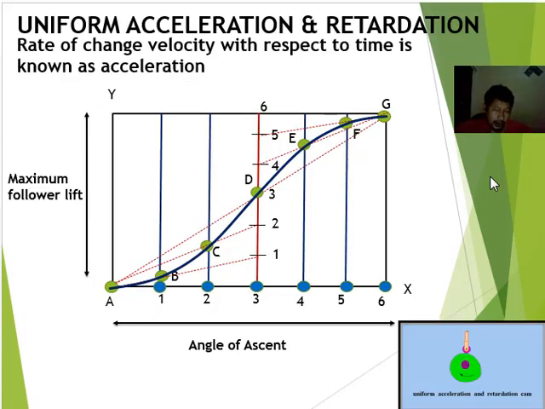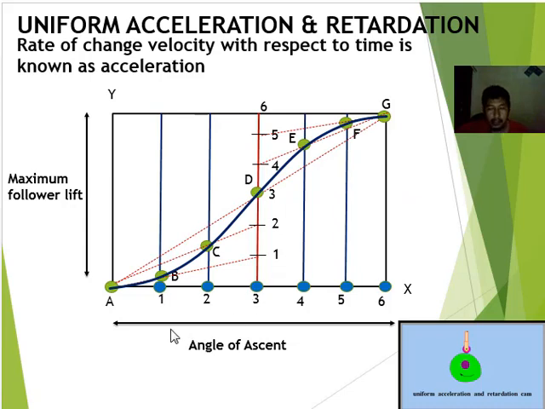And then the third motion is uniform acceleration and retardation. The rate of change of velocity with respect to time is known as acceleration and retardation. We see that the displacement diagram consists of a parabolic curve, and may be constructed by the methods we discuss below.